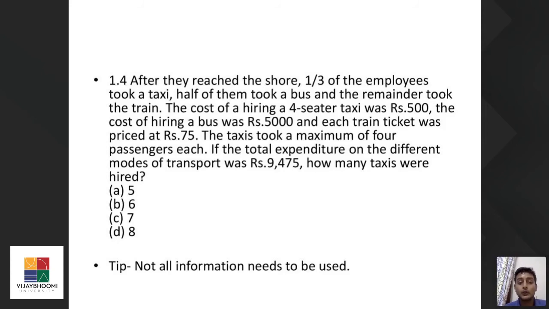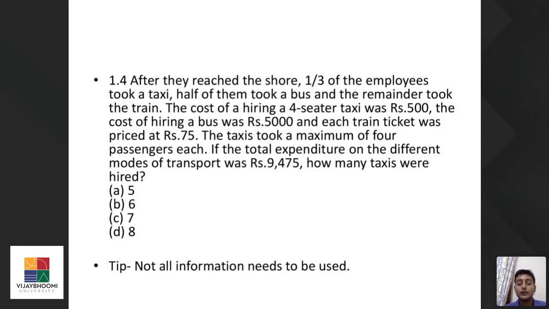You know that one third of the employees took a taxi. You know that a taxi can take a maximum of four passengers each. You just simply need to calculate the total number of taxis.